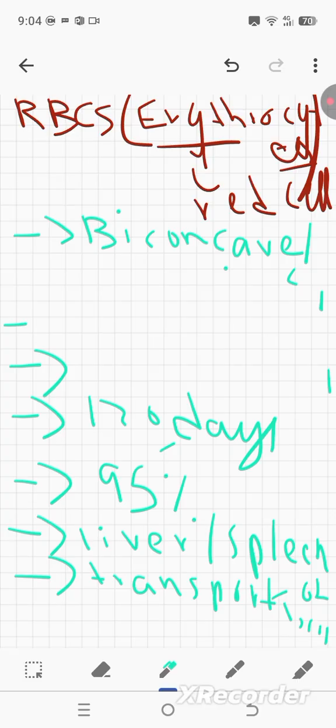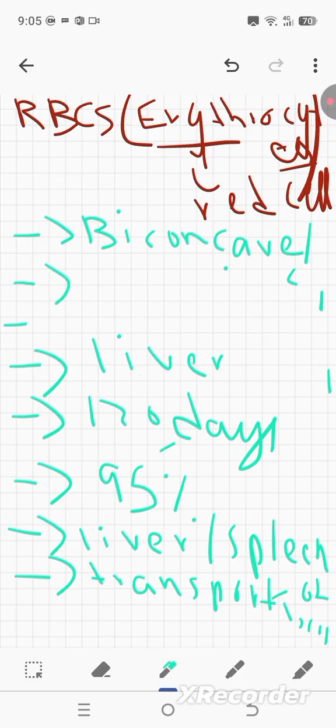And destruction, where are they destroyed? The destruction of RBCs occurs in the liver.